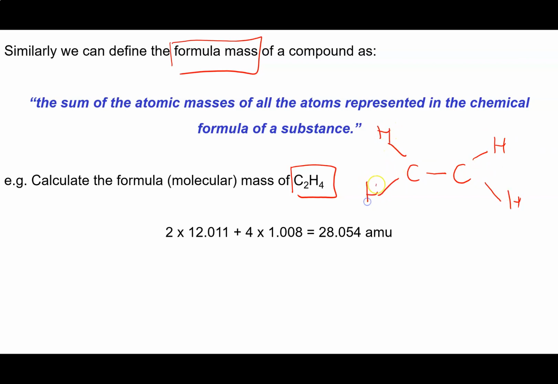So that's something to keep in mind. So when you calculate the formula mass, sometimes they'll refer to this as the molecular mass to remind you that for covalent compounds, don't simplify your formulas.